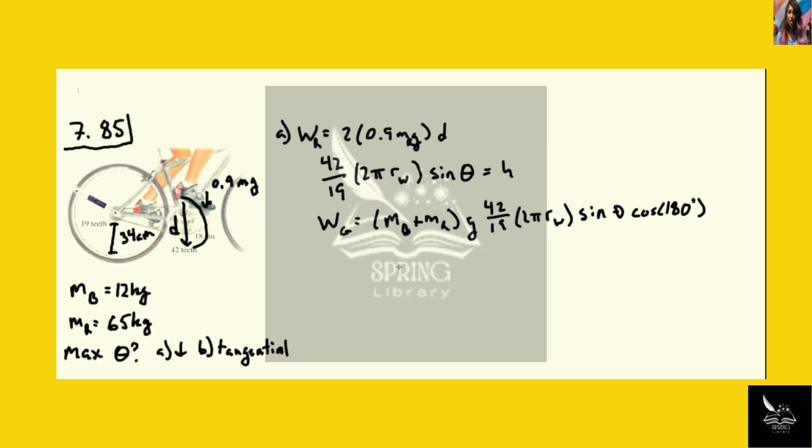And so the work done by the rider plus the work done by gravity needs to be 0 in order for the speed to be constant.